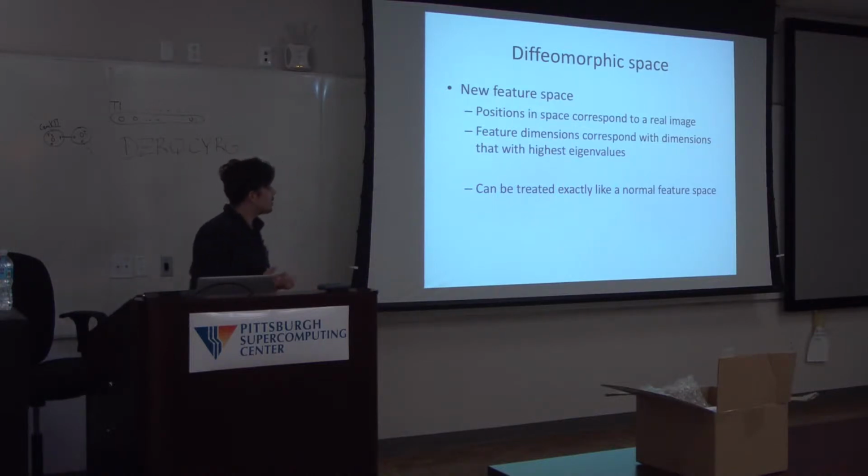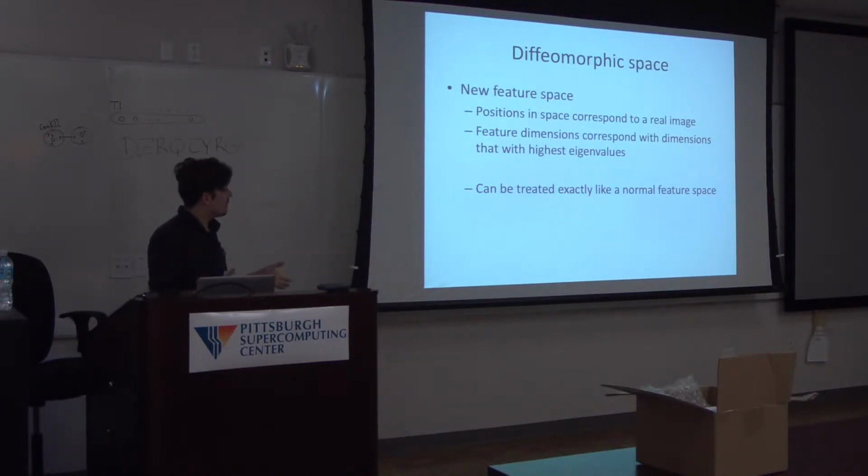And generally, if you have a reasonably sized population, you can compress your very high dimensional data into a space that is only several dimensions, generally less than 5. And once you have this compressed space, you can treat this exactly like some sort of normal feature space.